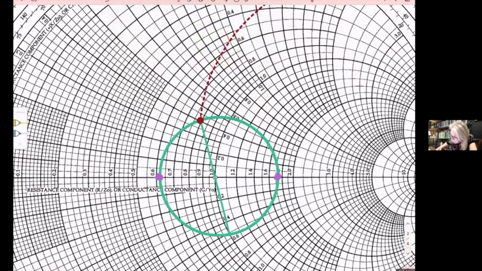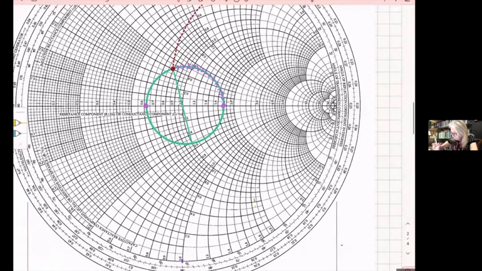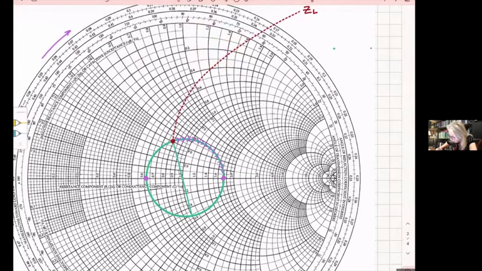I'm moving from here on this line until I find that point. This point there, and I will write it here, is nothing else but my ZL.